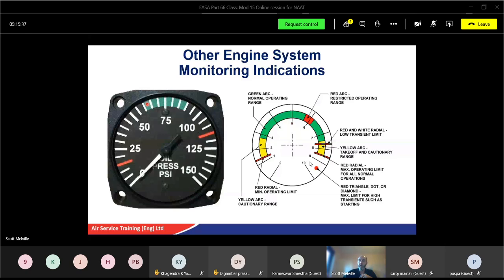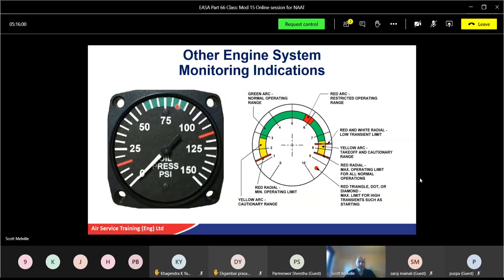But likewise, in a typical green area, when your engine's working normally, it should pretty much stay in there. It might overswing a little bit or underswing occasionally, but it should come back to within that range. Usually 70 psi is pretty much standard. Again, don't worry too much about the figures. That's just an idea.